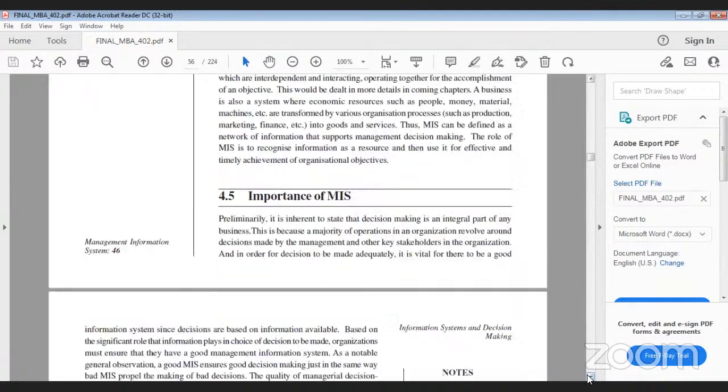Importance of MIS. Preliminarily, it is essential to state that decision making is an integral part of any business.